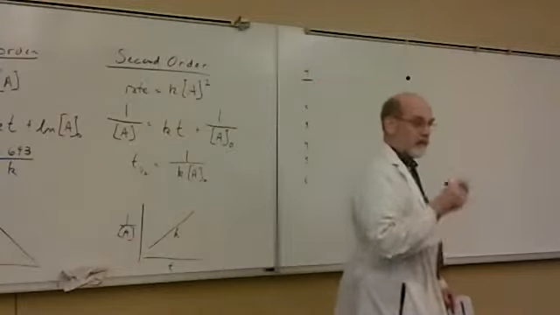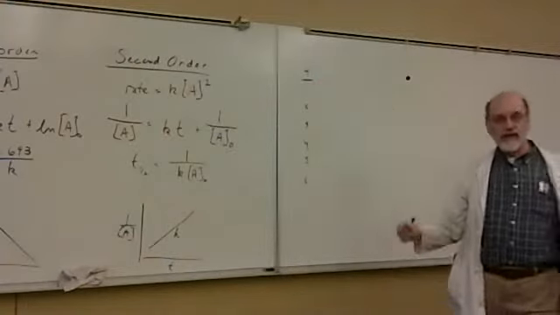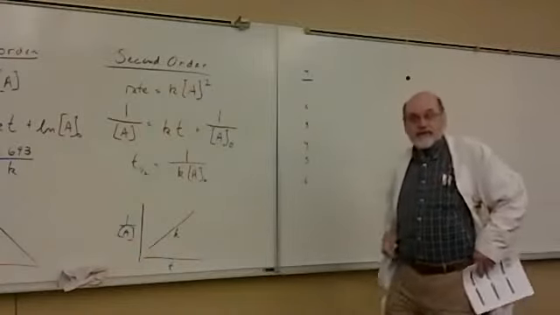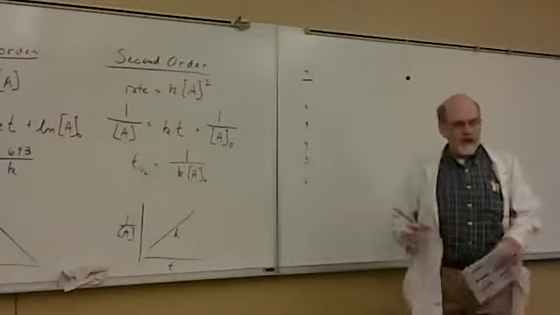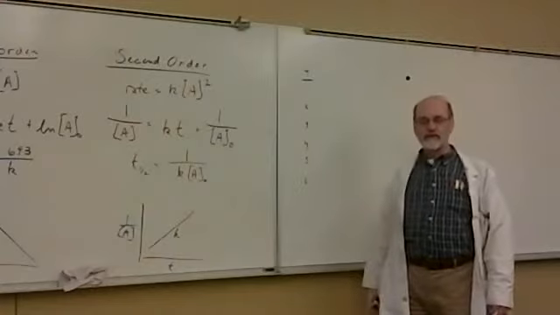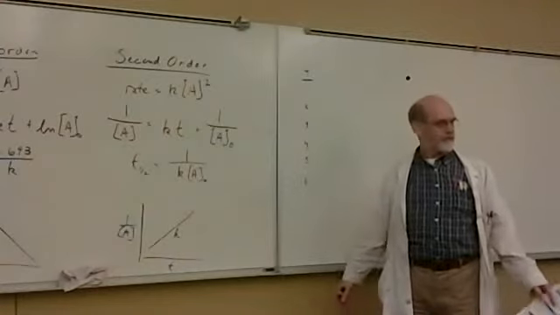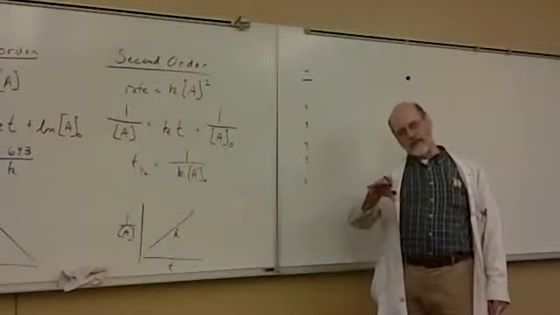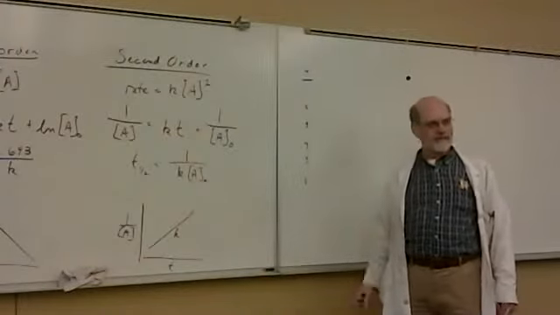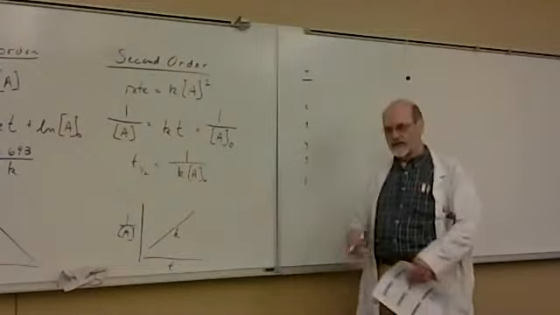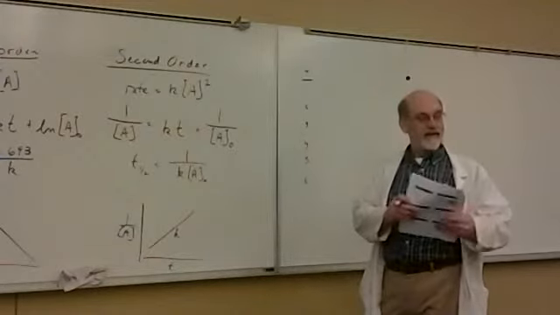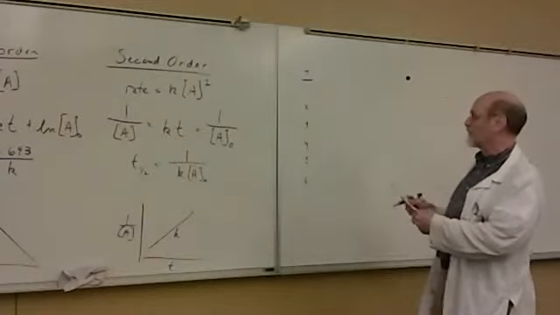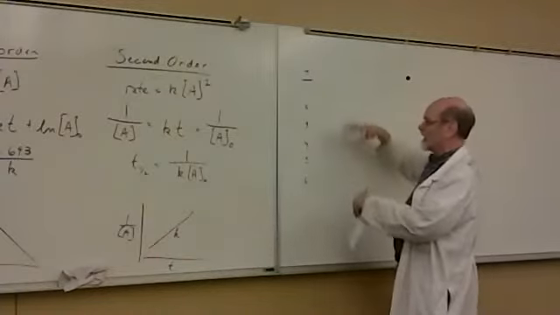Some reactions happen so fast that you have to plot their progress using lasers. Some of them are slow, so it might take an hour to lose half of the reactant. In our case, it's a matter of minutes, so it's something we can do in a single lab class.